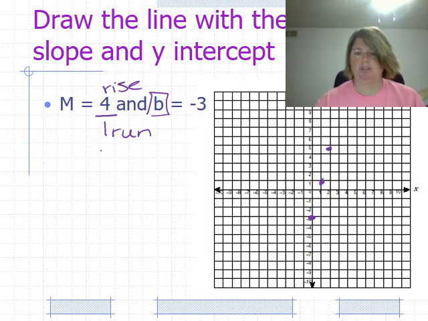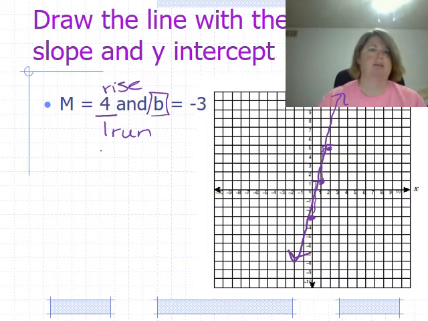You're going to have to lift your leg 4 units, and then you just have enough room. So picture yourself stepping up, and then just a little tiny thin step, right? And this is a very steep step because the slope is considerably bigger than 1. So go ahead and draw a straight line, and put arrows on both ends. And now you have drawn the line with the given slope and y-intercept.